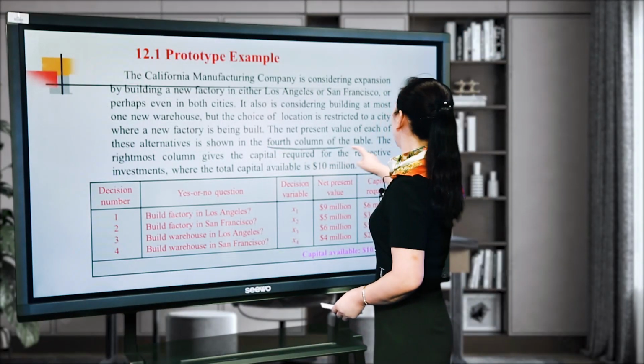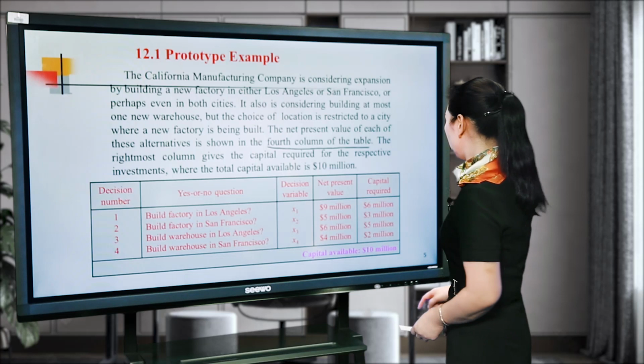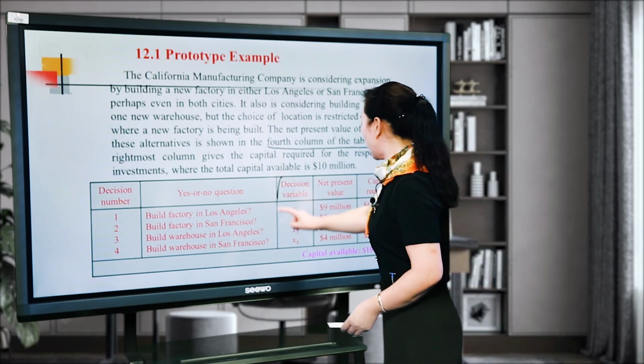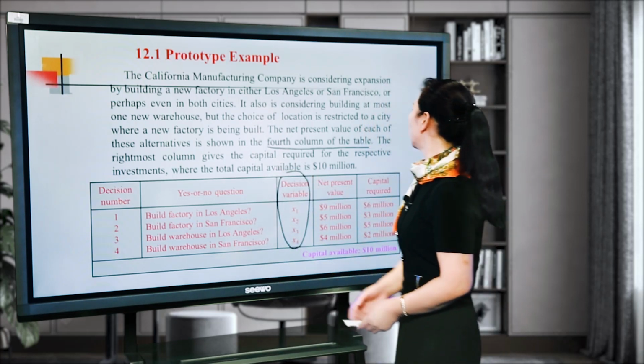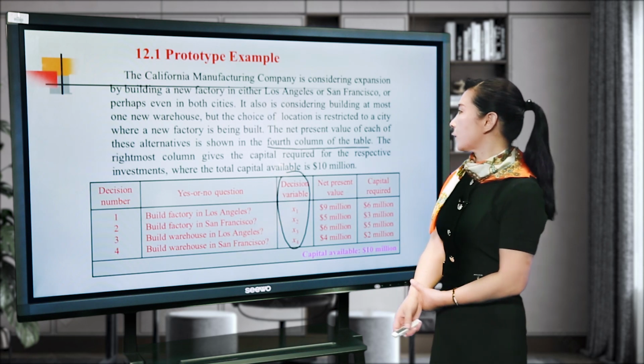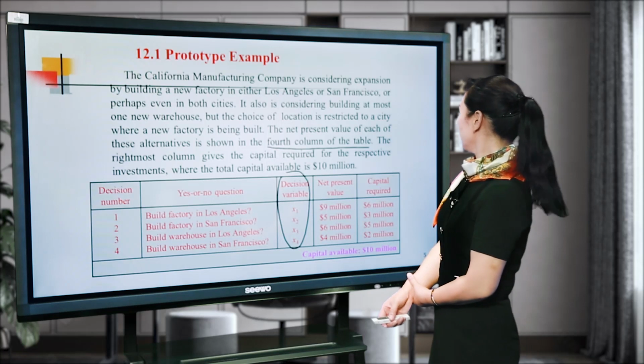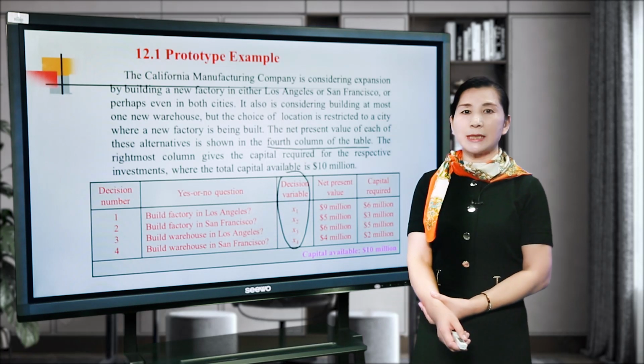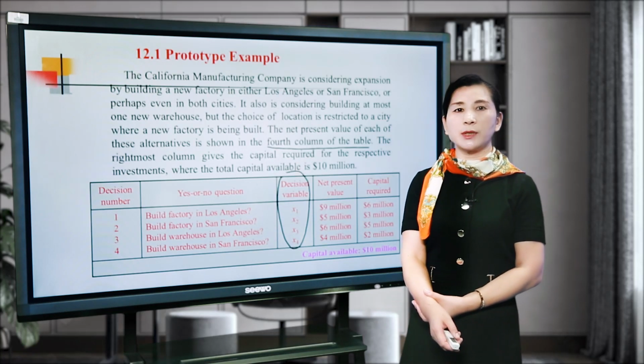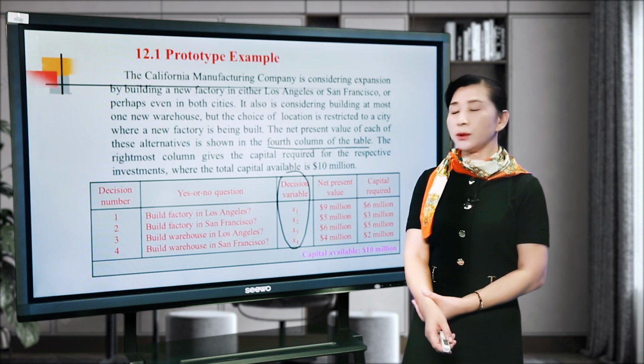First column of the table. This is the decision variable. The rightmost column gives the capital required for the respective investments, where the total capital available is $10 million.